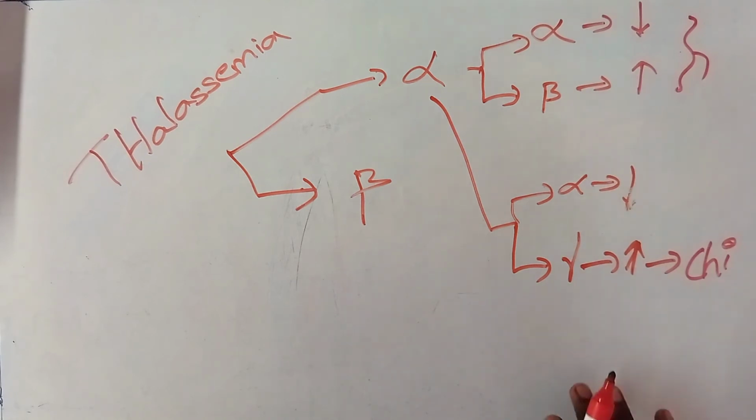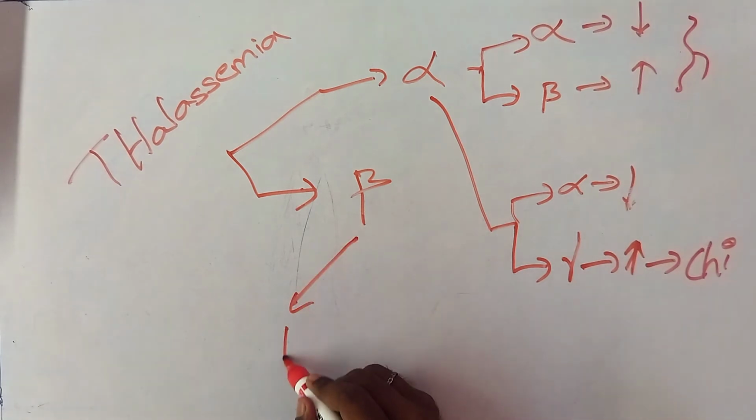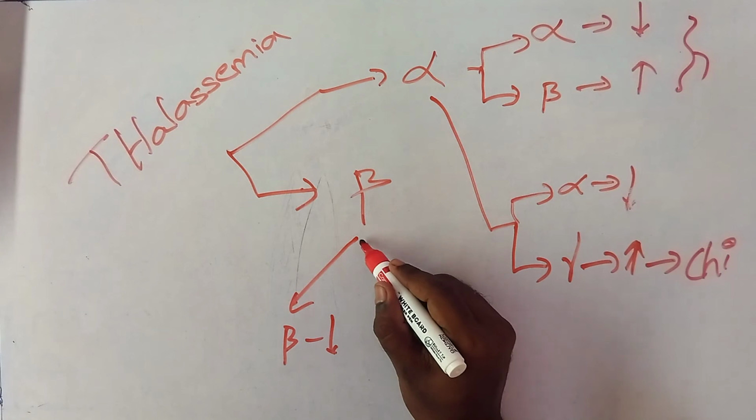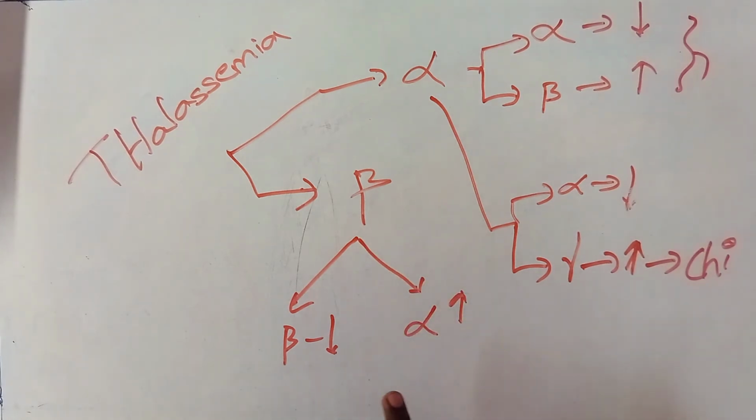Next is beta thalassemia. In beta thalassemia, beta chains are less and alpha chains are more.